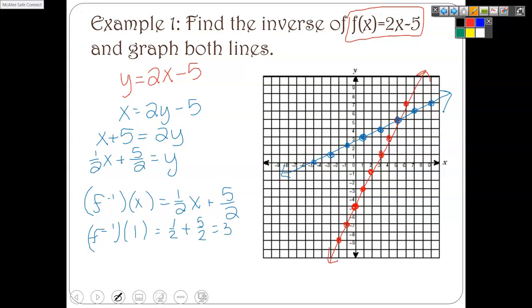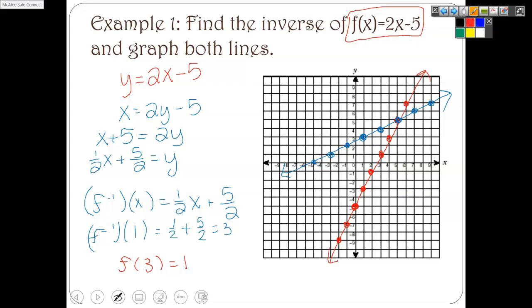If the inverse contains the point 1, 3, what point must the original function thus contain? The inverse contains 1, 3, then the original better contain the point 3, 1. You can go to your graph and confirm 3, 1.